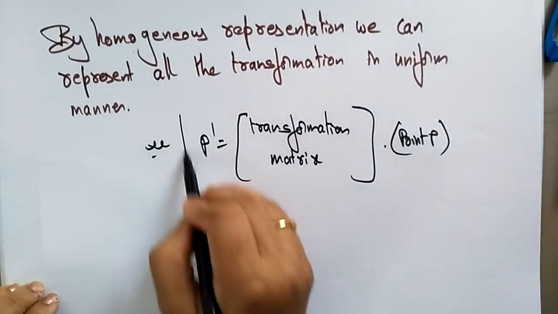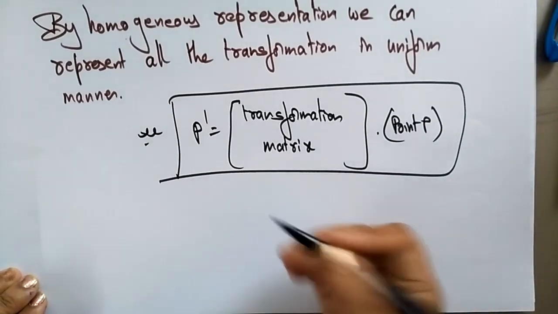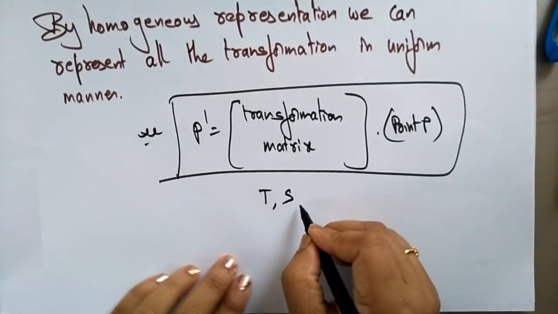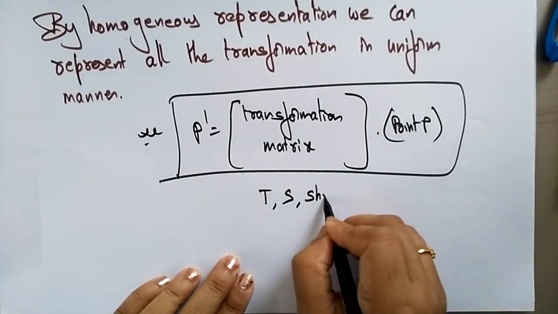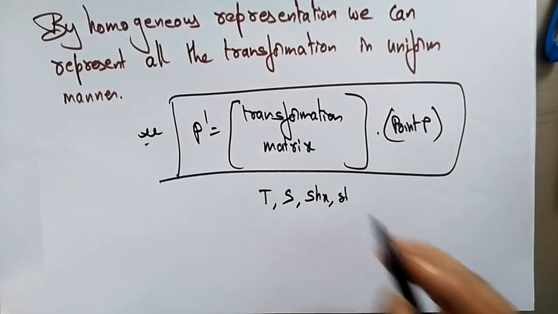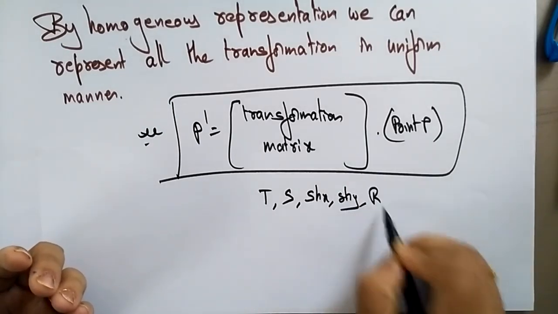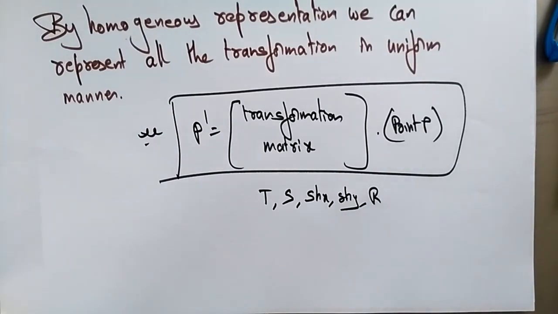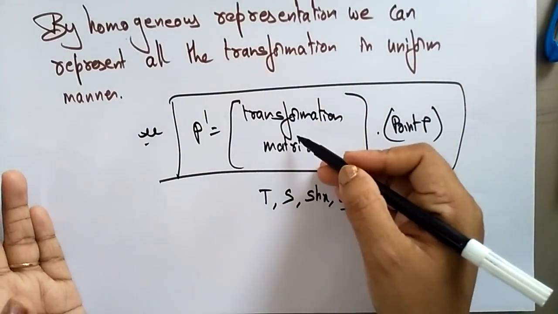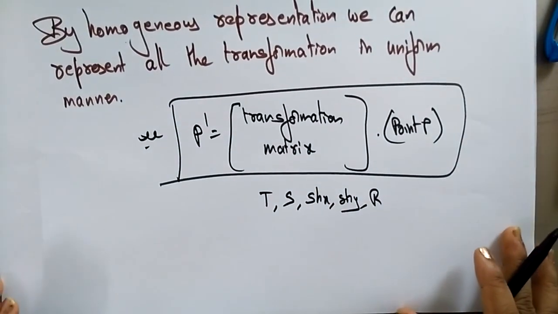This is the formula, in a uniform manner. The transformation matrix can be translation T, scaling S, shearing along the x-axis or y-axis, or rotation R. You can keep any one of these methods. So this is about the homogeneous coordinate matrix.